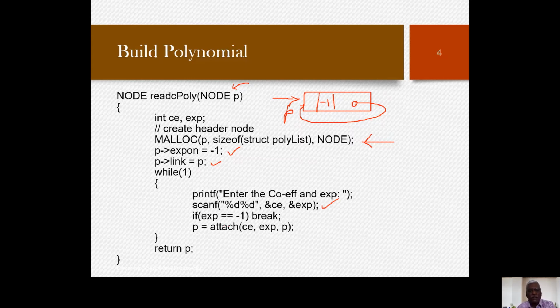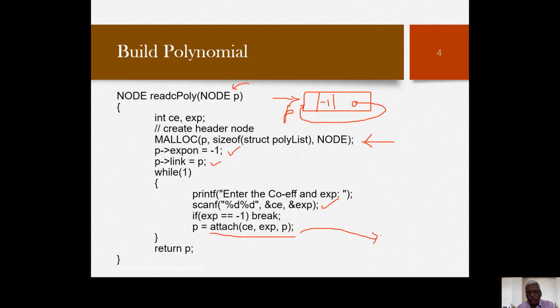Okay, and we can attach any new node to this existing header node. So now I have my function called attach, where I will be sending this coefficient, I'll also be sending my exponent and this P. This function attaches the new node to the header node, because P is now the header node.